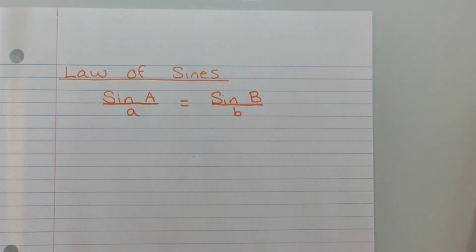Law of sines says sine of capital A over A equals sine of capital B over B.